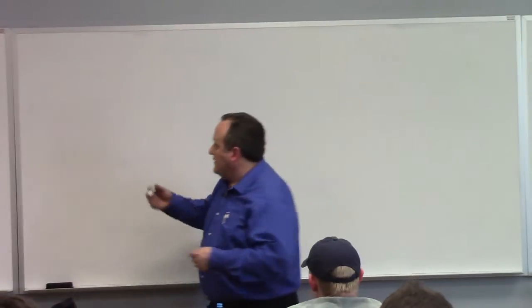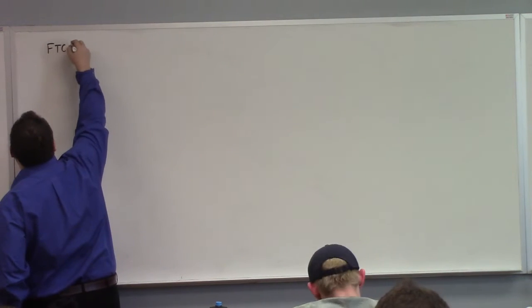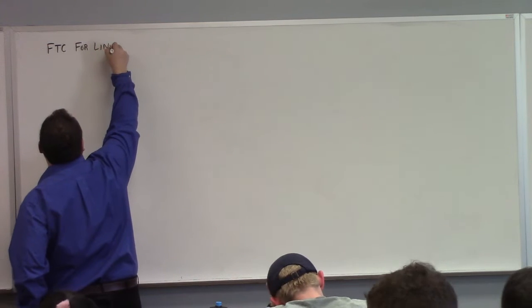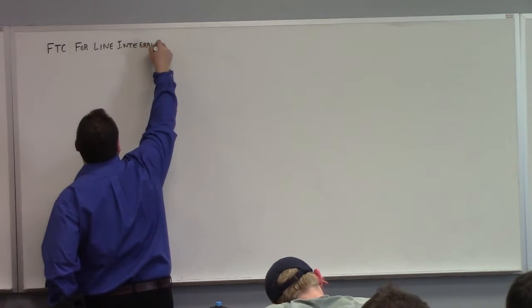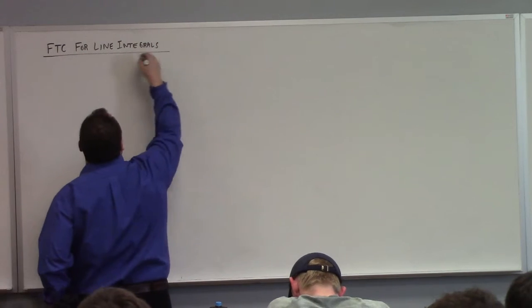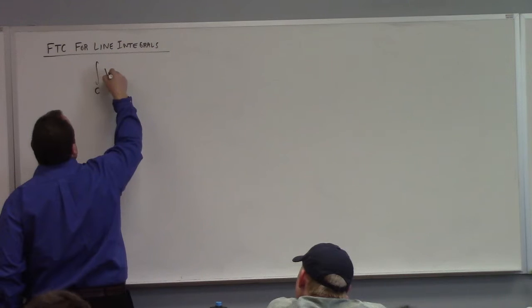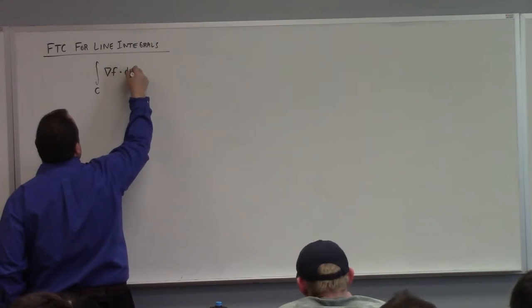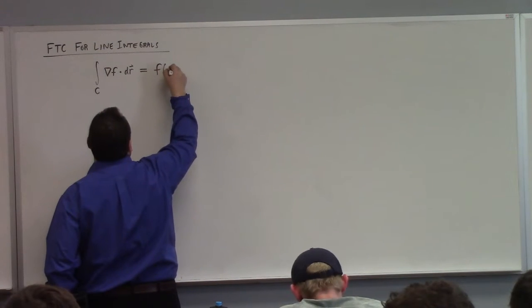So let me talk to you guys about a theorem, and this is the fundamental theorem of calculus for line integrals. And it says the following. It says that the integral over a curve of the gradient of a function, dot dr, is simply equal to the value of the function.